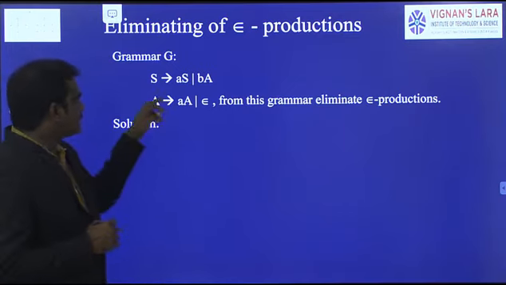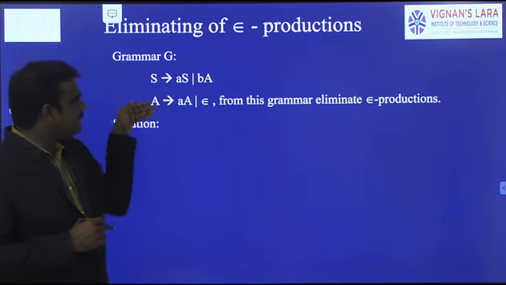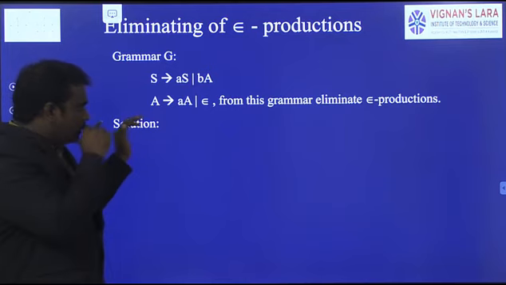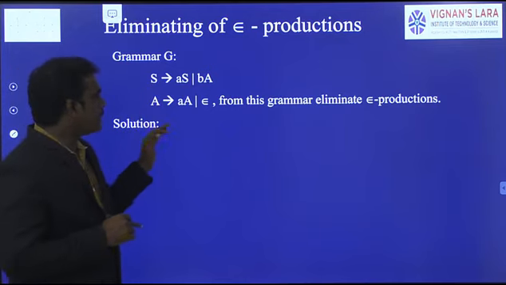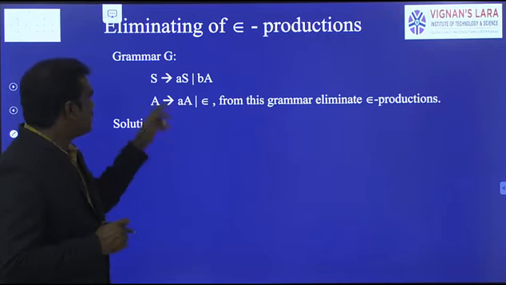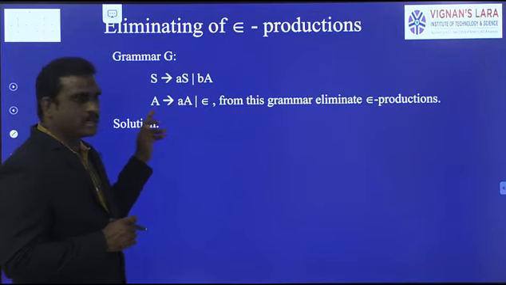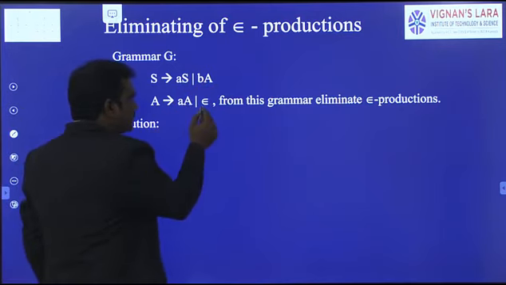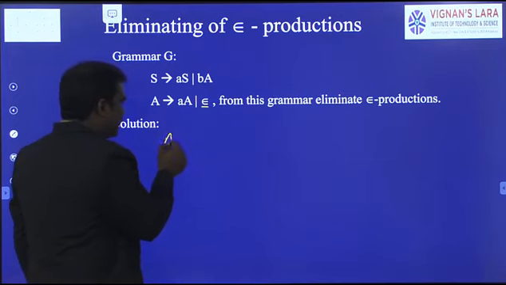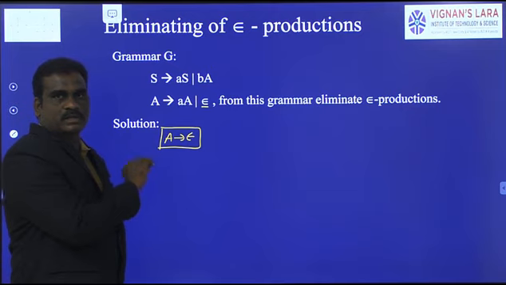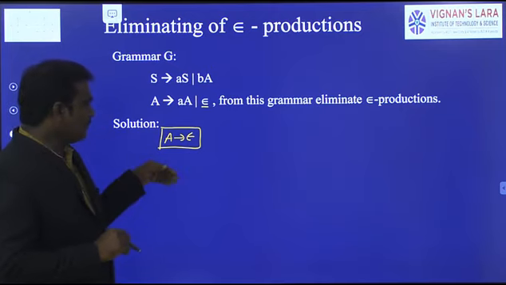In the given context free grammar we have only two non-terminals: one is S, second one is A. Now identify the epsilon production. The S productions derive two productions: one is AS, second one is BA. Next, A to AA and then epsilon. So here one production is A to epsilon. So A to epsilon is a nullable production. So the given grammar contains a nullable production A. Now we have to eliminate it.